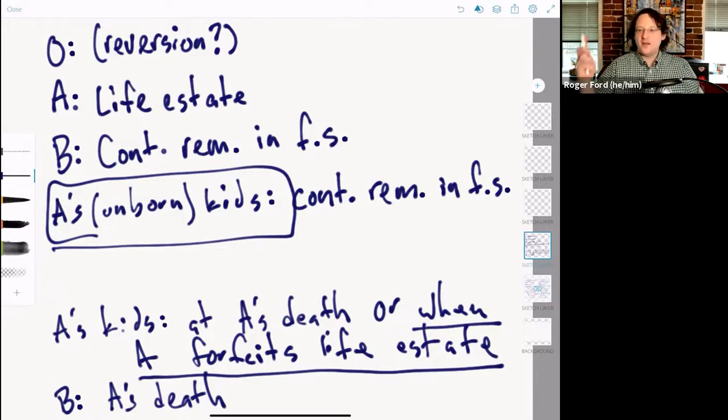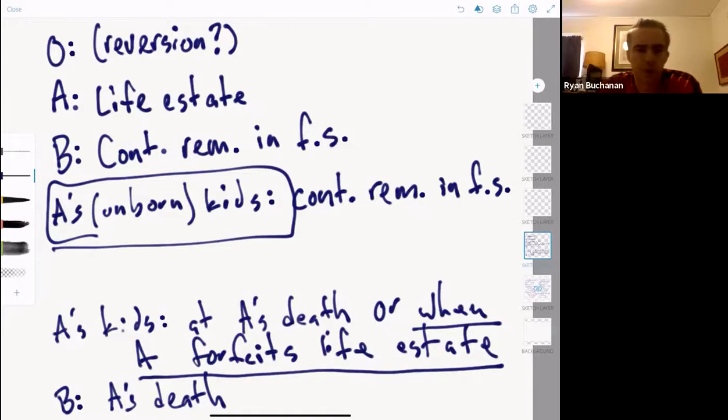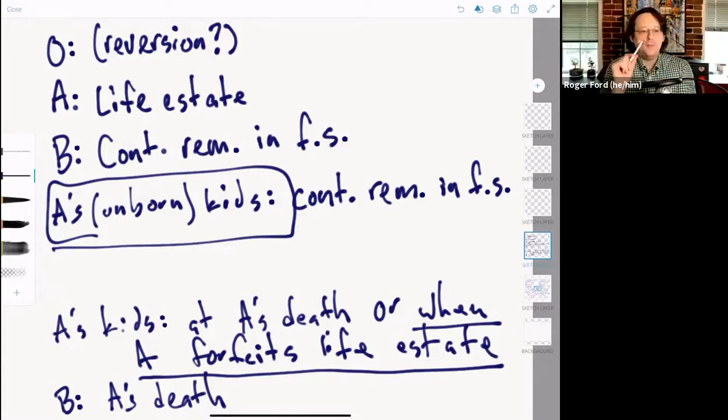Mr. Buchanan, I think I had you next. Yeah, so if A were to forfeit its life estate, it would go back to O if A doesn't have any kids. But if A had kids after the forfeiture of the life estate, O would still be able to keep that reversion? So there is a rule that is sort of like the rule against perpetuities that can cause that not to happen that we are ignoring in this course.